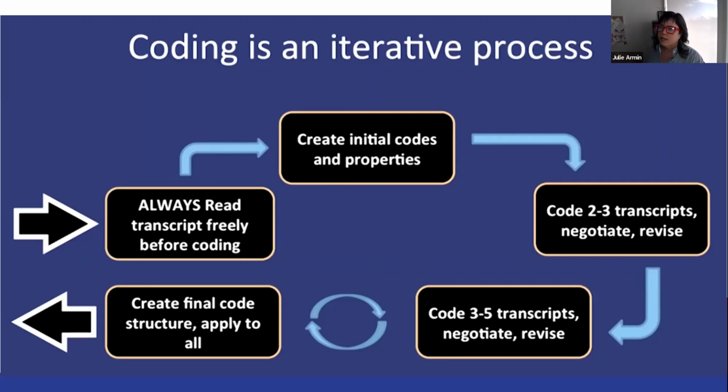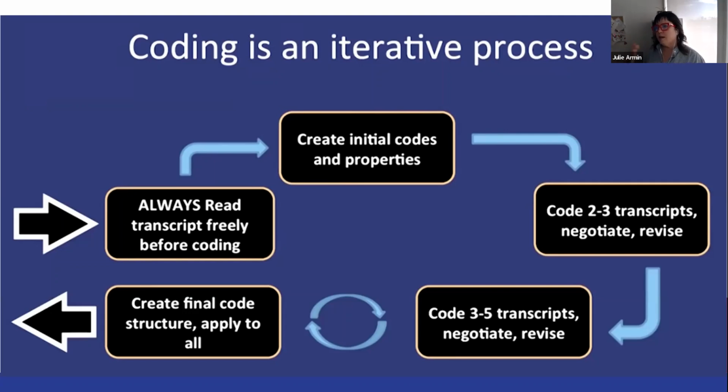And then importantly, and this is how you get inter-rater reliability, the coding team meets to talk through those transcripts and talk about how they applied those codes, because those codes need to be clearly defined so that everyone on the team uses them similarly. And they're coding the same types of text with those codes.